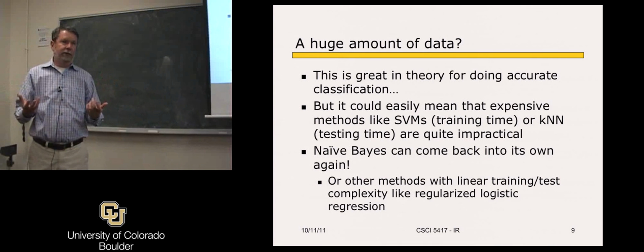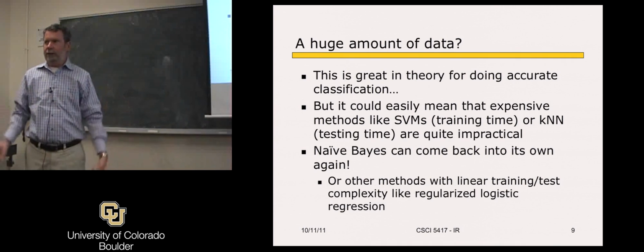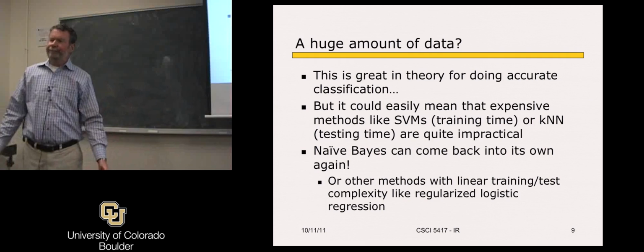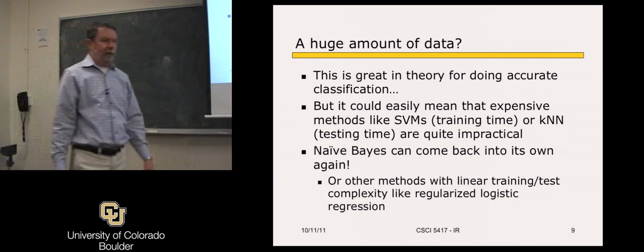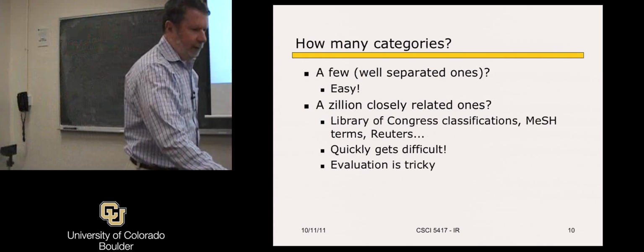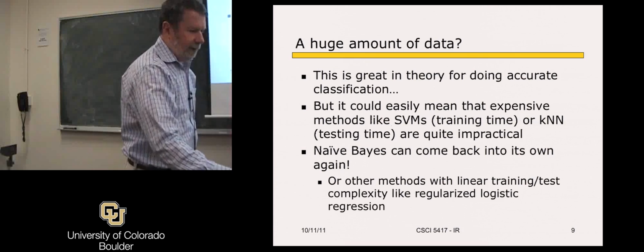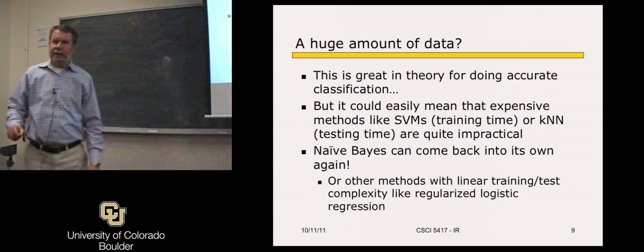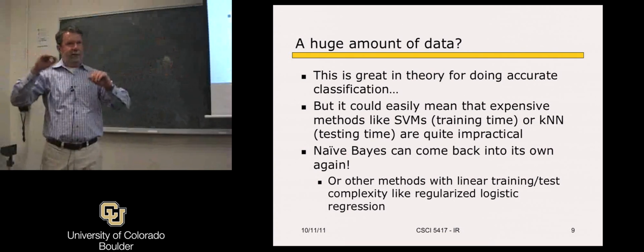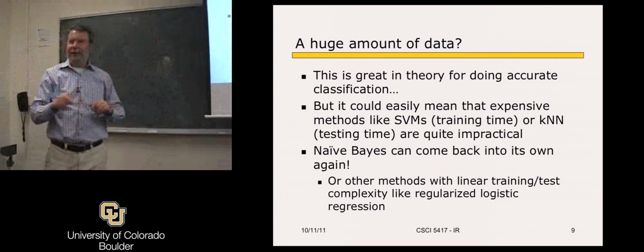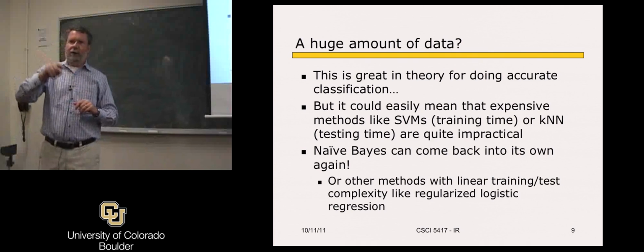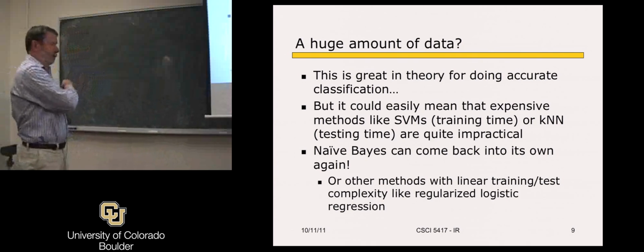But the alternative is to not use the SVM at all. If you've got a huge amount of data, just use naive Bayes. This sounds a little bit quirky, but usually what happens, this is where I was going, the book has a plot on this, which I thought I had, but learning curves, I'll draw on the board. Will it show up? Okay.